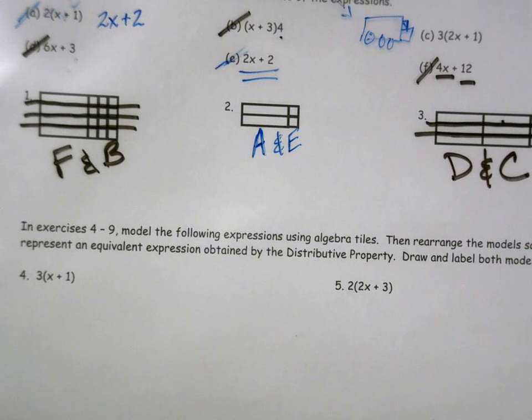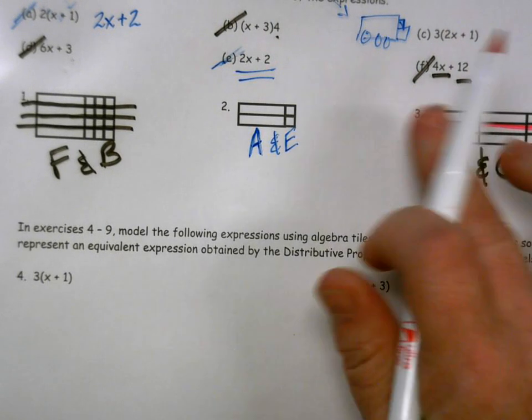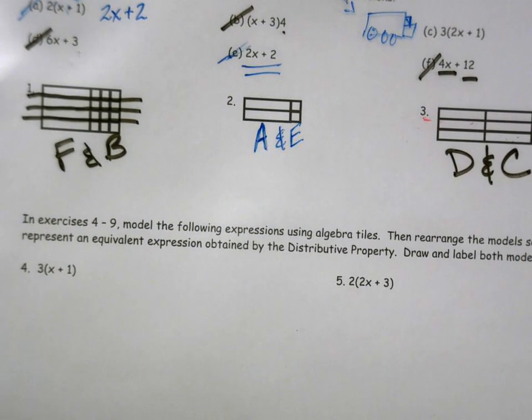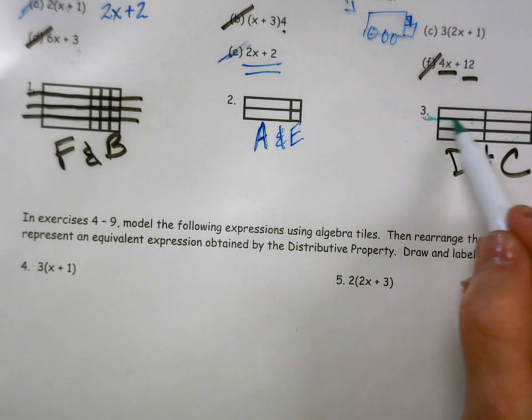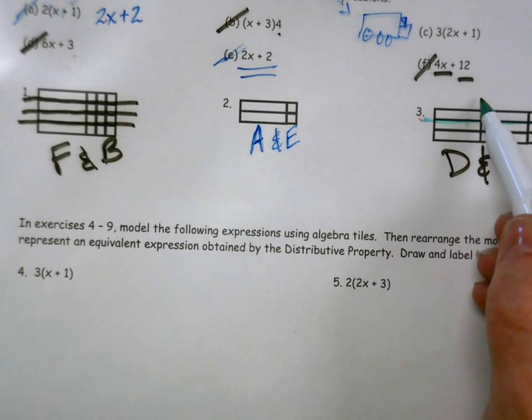So I drew these extra lines there to show that they were grouped. I don't like using the red marker because you think it's negative. Let me try a different marker. So we've got a grouping here of 2x plus 1.